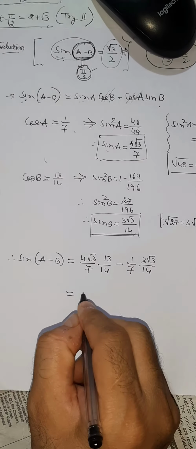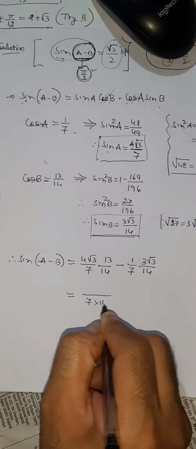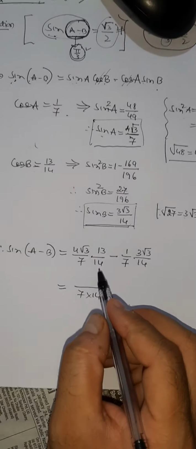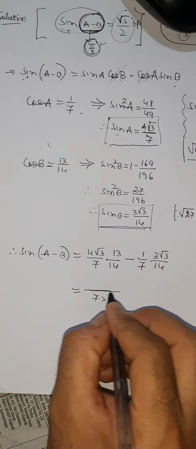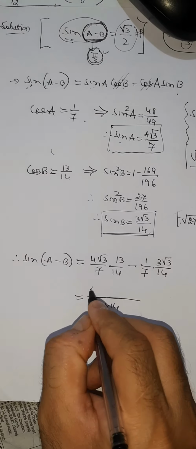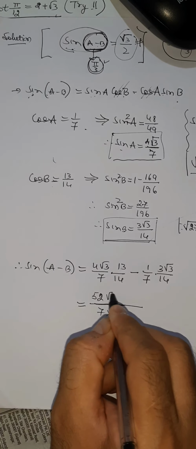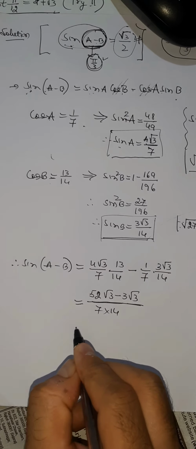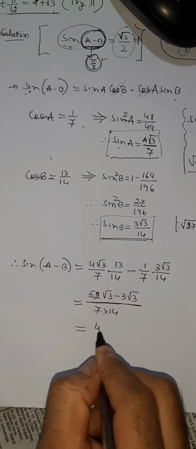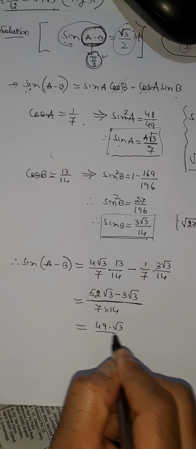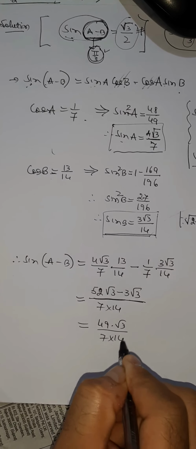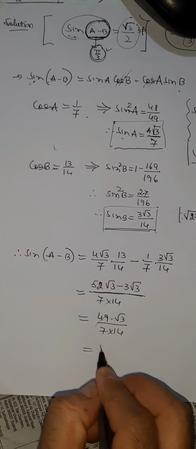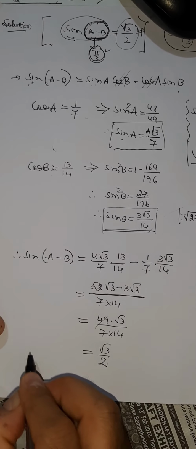So here the LCM will be 7 into 14. You will have 52 root 3 minus 3 root 3, so this is 49 root 3 by 7 into 14. So this is 7 there. So finally you can see that this is just root 3 by 2.